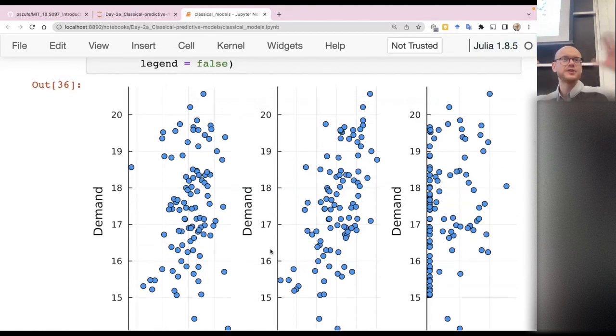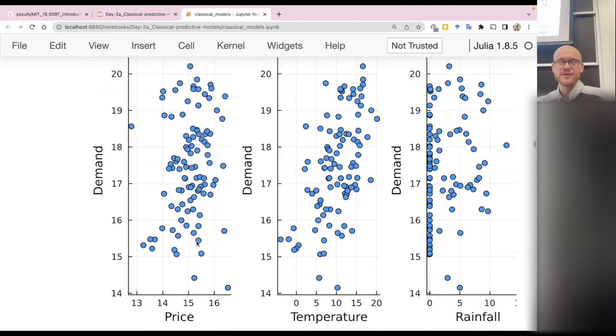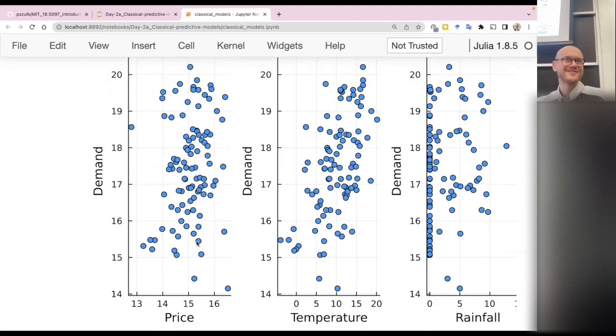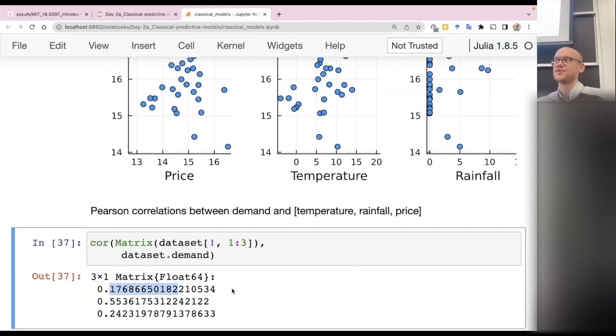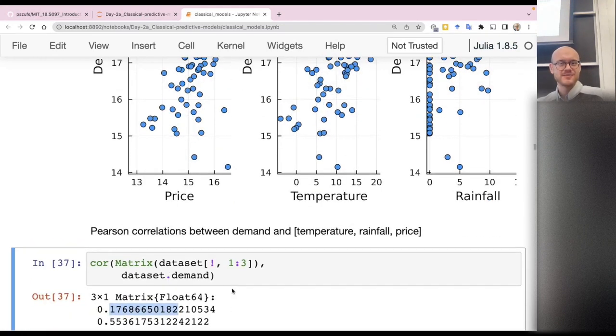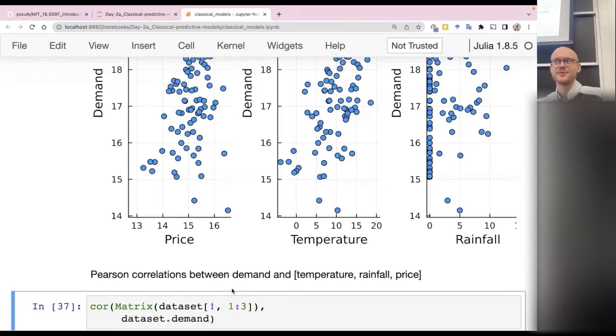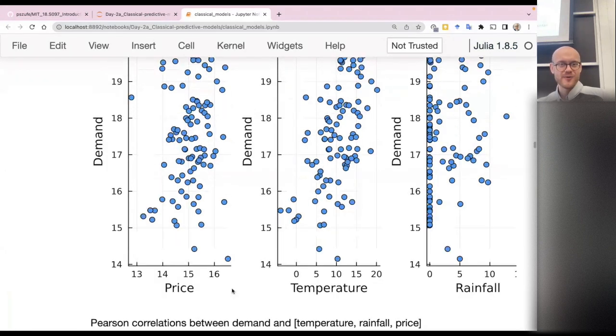It's quite cloudish, with no obvious relationship. From economics, we should expect a negative relationship, but actually the calculated correlation is positive. It might be confusing at first, and we'll see later why it is so.